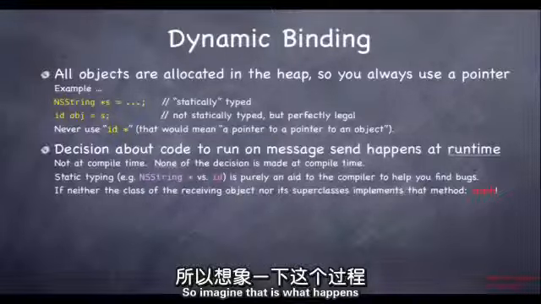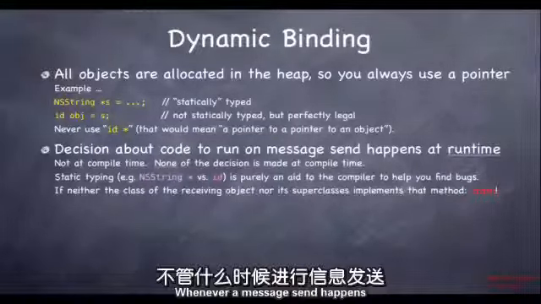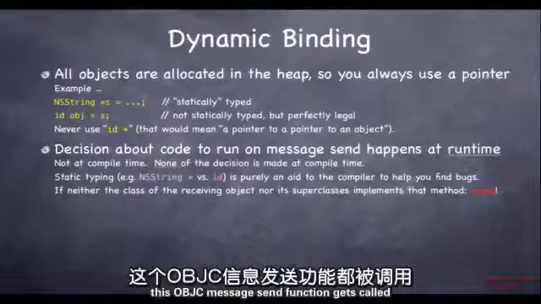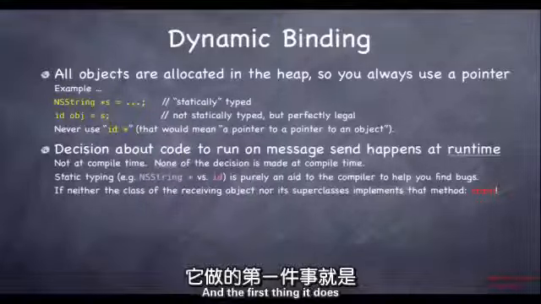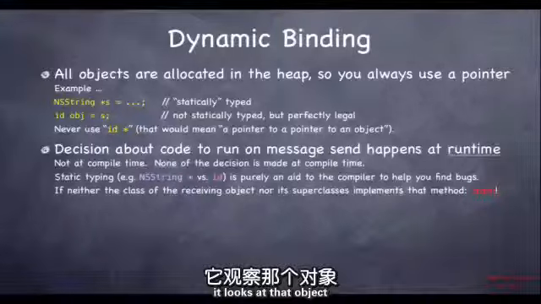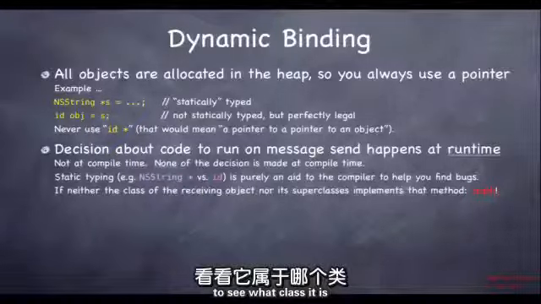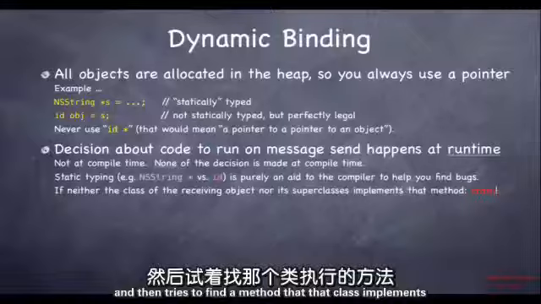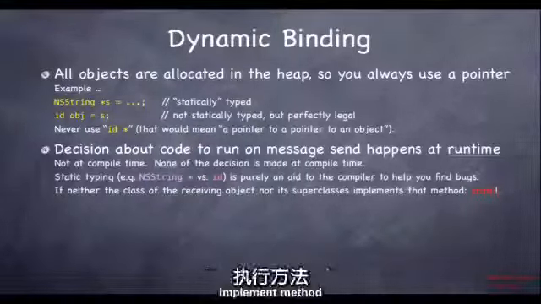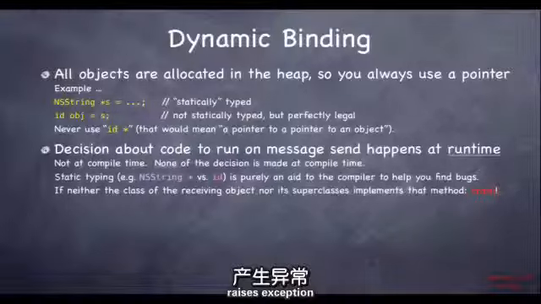OK? So imagine that's what happens. And then when your program runs, whenever a message send happens, this objc_msgSend function gets called. The first thing it does is look at that object to see what class it is, what type of object it is, and then try to find a method that that class implements. And if that class and none of its superclasses implement that method, it crashes, raises an exception.